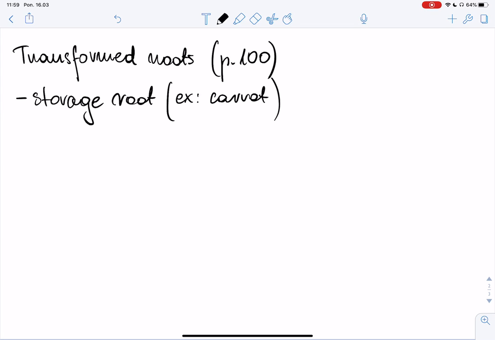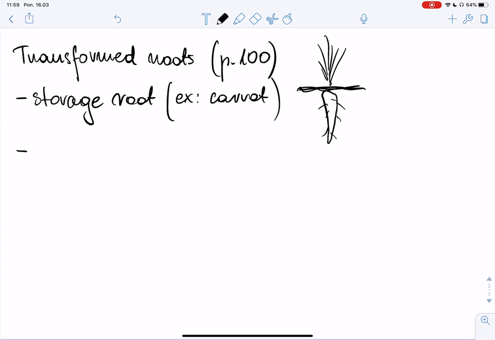Guys, to the right you can see another plant, which is, what is this? What do you think? Think for a second. This is corn. And guys, it looks like this, or maybe I will draw a small illustration. So we have, here is the ground level, here we have leaves of a carrot, and here we have this storage root.